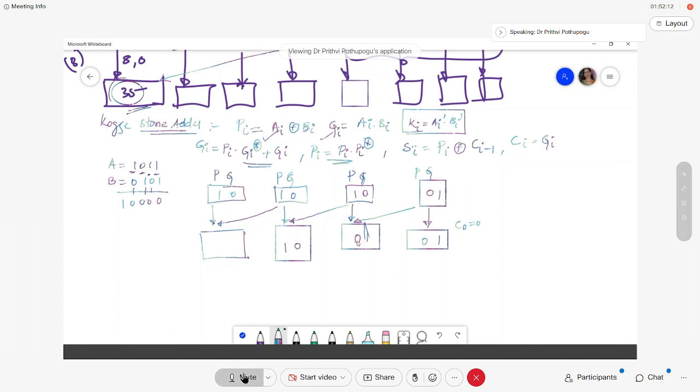Propagate is 0 or 0, so 0. These two propagates, 1 and 0, it is 0.